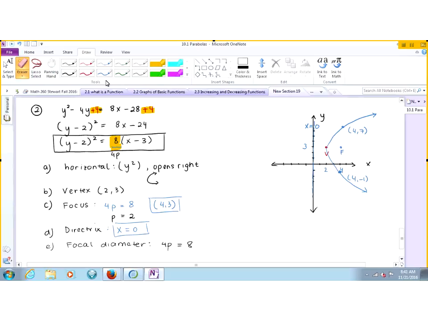Yes, Charles. For the vertex, is that HK, right? So it has to be 3 comma 2? Yes, it is. Okay, so this is wrong, right? We have to scrap everything. Oh gosh, yes. So here is wrong, here is wrong, here is wrong. So we gotta redo them. Yes.